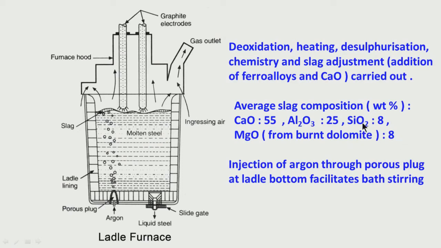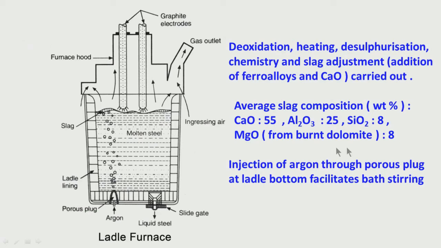We may have some amount of silica in the slag. Where is silica coming from? If there is some silicon as deoxidant, that means some amount of silica may form as a deoxidation product, roughly about 8%, it may vary from maybe 6 to 10%. Then some amount of MgO is there in the slag. Where is it coming from? It is interesting.